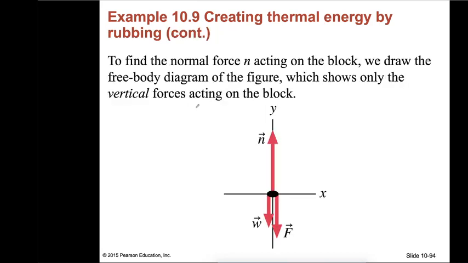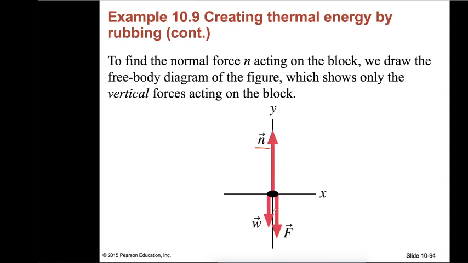Okay, now let's see what N is. If you do a free body diagram on this block, you will see it has three forces: the weight of the block, the pressing force, and the normal force. The normal force needs to balance those two forces.